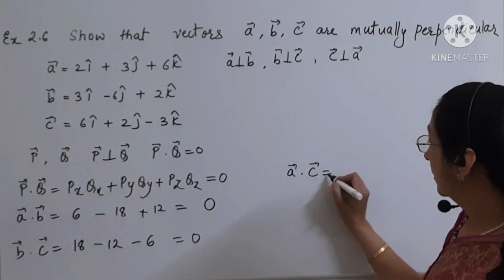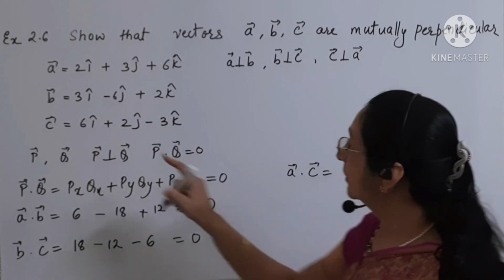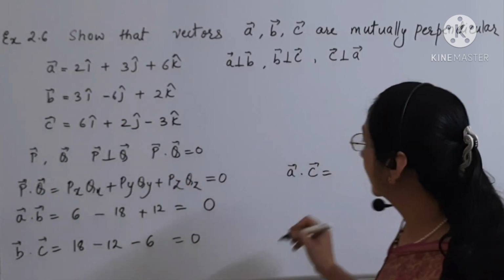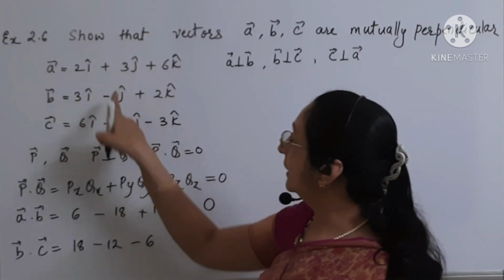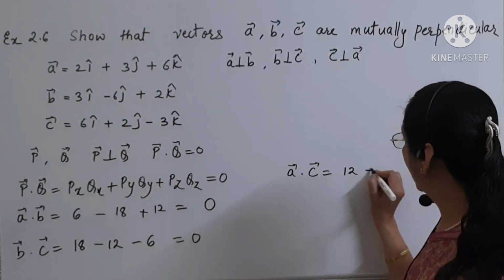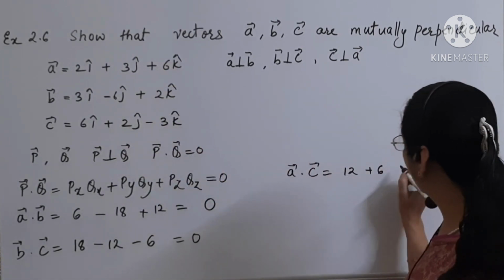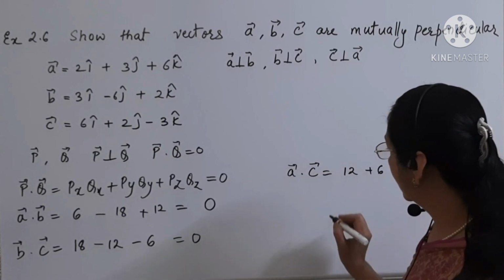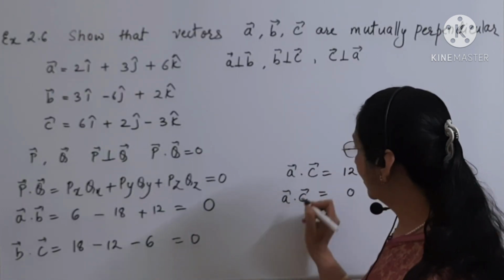So we have 2 into 6, that is 12. 3 into 2, that is equal to 6. And 6 into minus 3, that is equal to minus 18. So we get again A dot C is equal to 0.